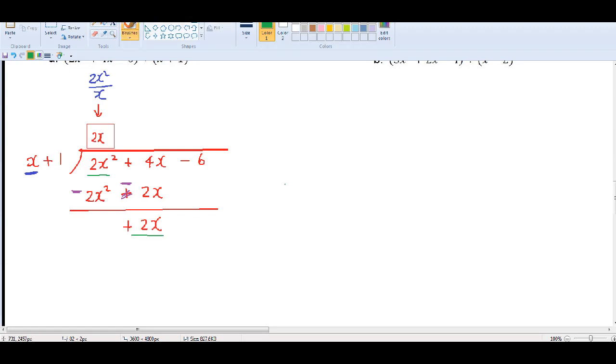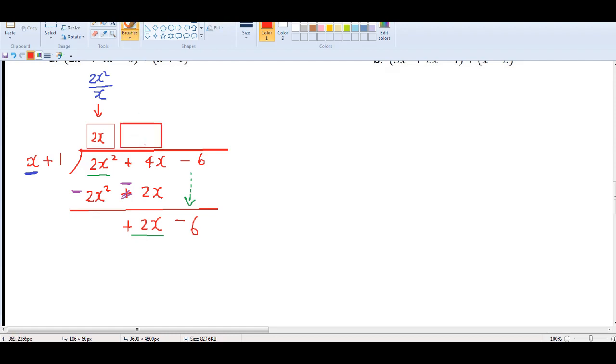From here you see there's only one term, but there are still terms in the dividend, so you need to borrow the negative 6 down to the new line. Now focus on the new leading term, which is 2x, and think about your next term in the quotient.